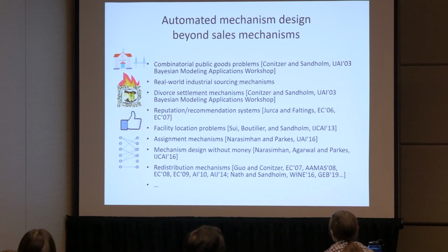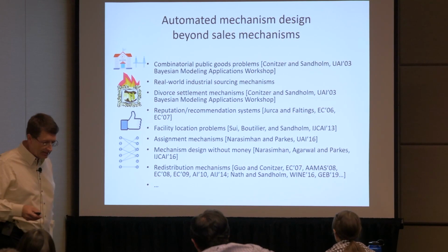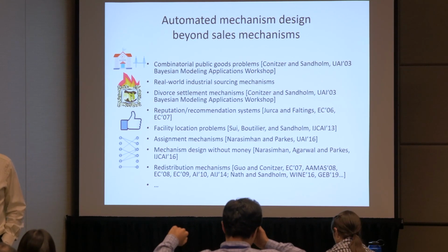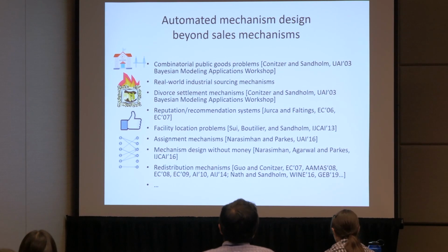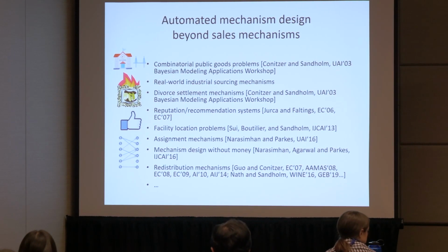Real-world industrial sourcing mechanisms. Back to Sven's question, we were doing this sourcing event, a large-scale sourcing event in terms of price, but small in terms of items and bidders. A British company was buying most of the world supply on A and a little bit of B. And the competition situation in A and B was very different.